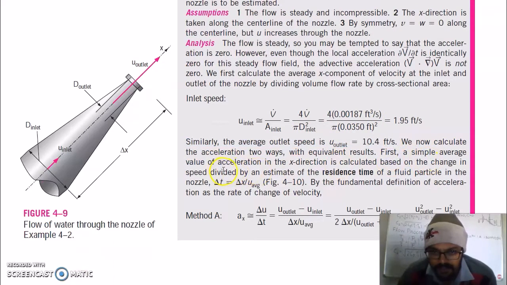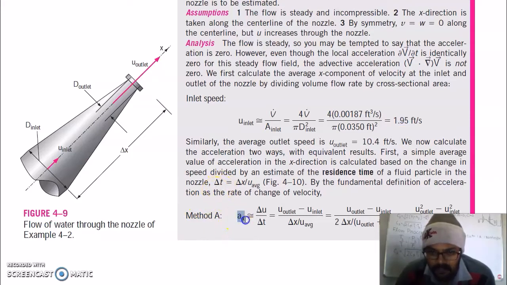First is the simple average value of acceleration. The acceleration is calculated based on the change in speed divided by an estimate of the residence time. So del t is equal to del x by U average, where U average is the average speed of inlet and outlet. In this way you will get del t.